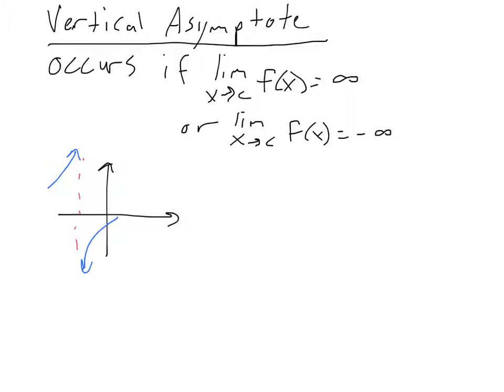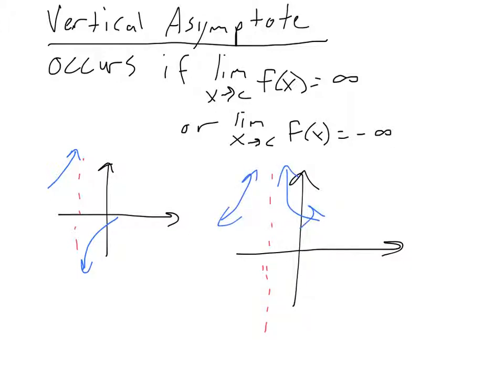Other times with our vertical asymptotes, they might both be going in the same direction. They might both go up to, or they might both go off to.